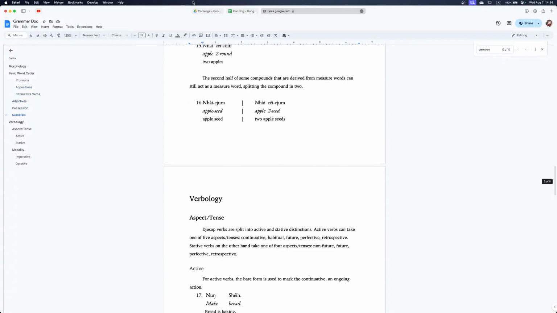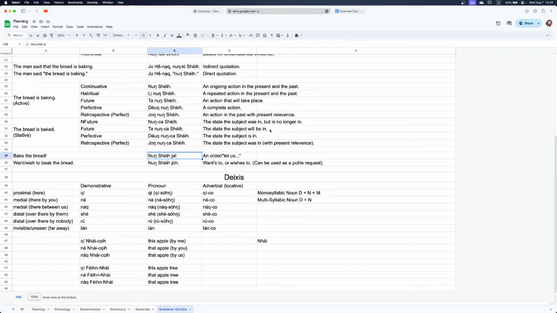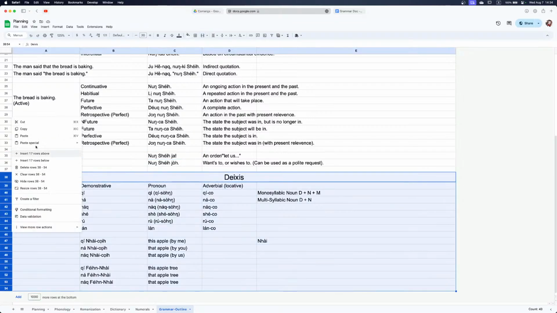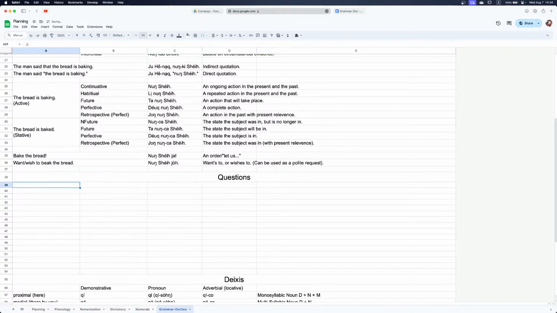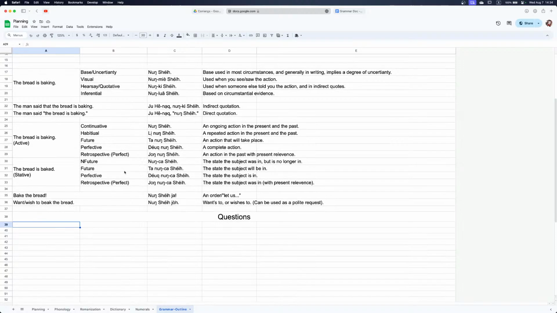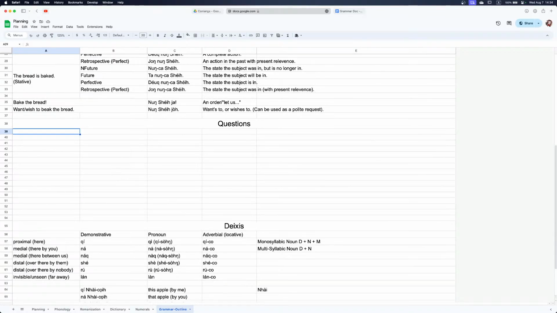So why don't we figure that out real quick? Add some space above deixis for questions. So a simple yes/no question, we could make it as simple as, say, having a rising intonation at the end of the sentence.